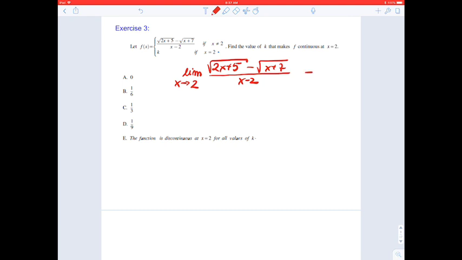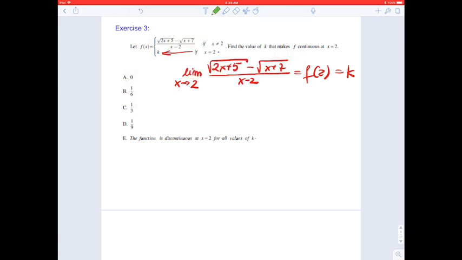The limit of the function must be the same as the value. And the value is simply k. That means the k value is the limit of the function. Let's see how we can solve the limit.